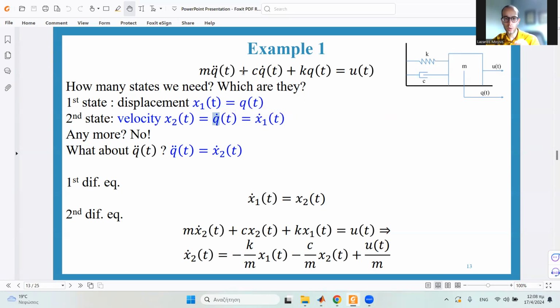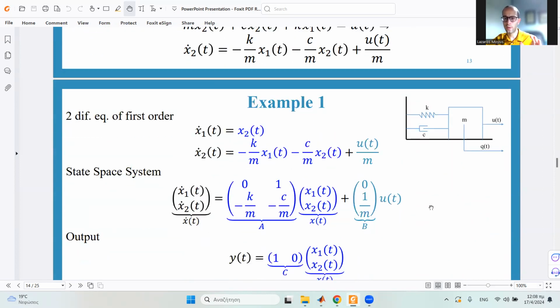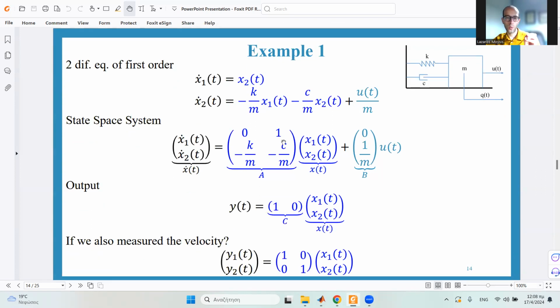I'm going to replace these terms: Q becomes x1, Q dot becomes x2, and Q double dot becomes the derivative of the second state. I'm saying this very fast because it is widely available in control systems theory. By this process we can easily derive from the original differential equation two differential equations of first order, these two.